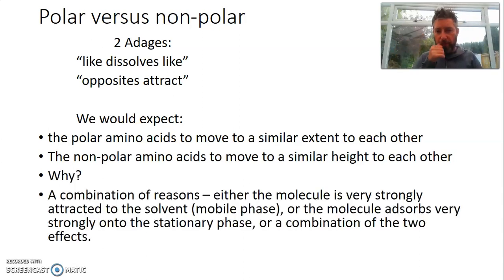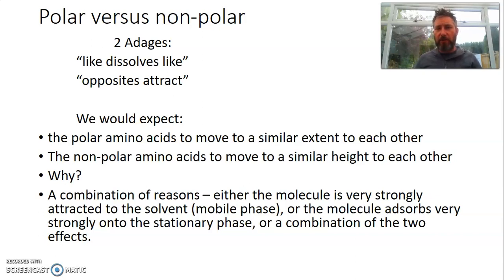Because of a combination of those two things. Like dissolves like and opposites attract. Because either the molecule is very strongly attracted to the mobile phase, or the solvent, because the mobile phase is polar and the molecules are polar, or the mobile phase is non-polar and the molecules are non-polar, or the molecule adsorbs, remember adsorption is sticking to the surface, adsorbs very strongly onto the stationary phase.